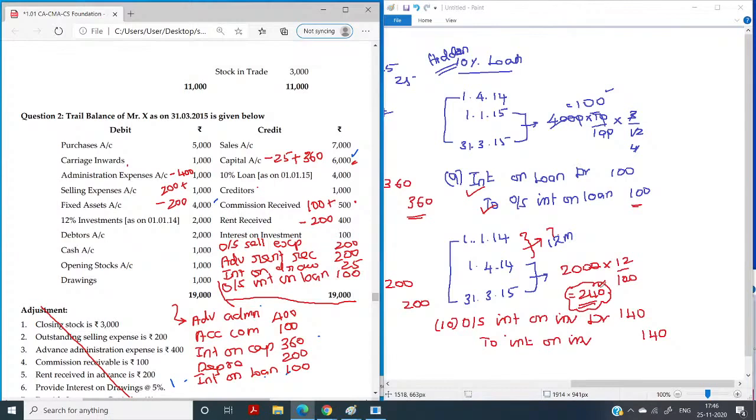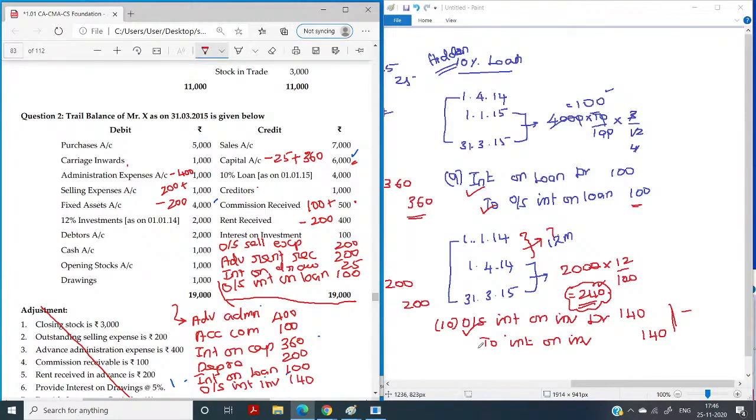And then the 10th adjustment. Outstanding interest on investment in the debit side. We don't have that outstanding interest on investment in debit already. So I'm going to post that as outstanding interest on investment. Value being 140.